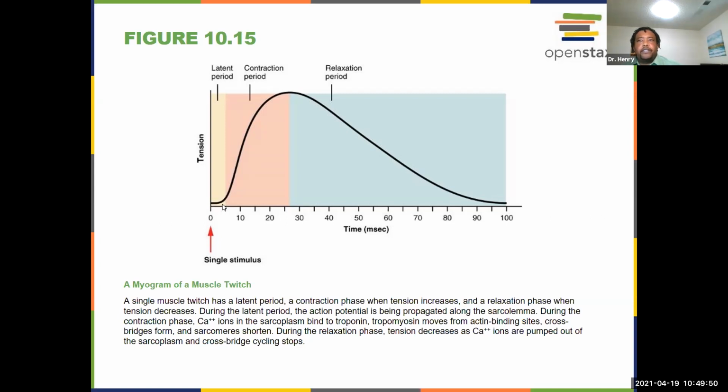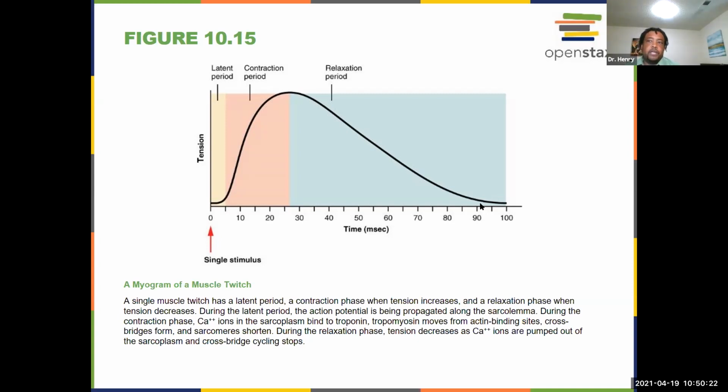It takes about 5 milliseconds from the latent stage to start going through contraction. The contraction period goes from 5 milliseconds to about 26, 27 max. And then to get completely relaxed, it's going to take about 90 milliseconds.